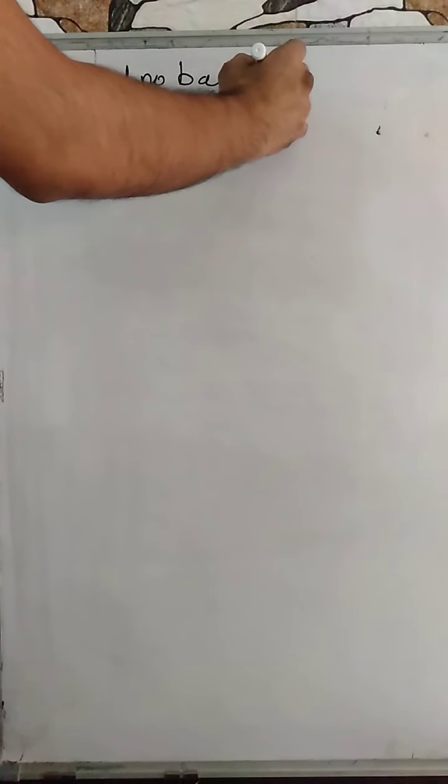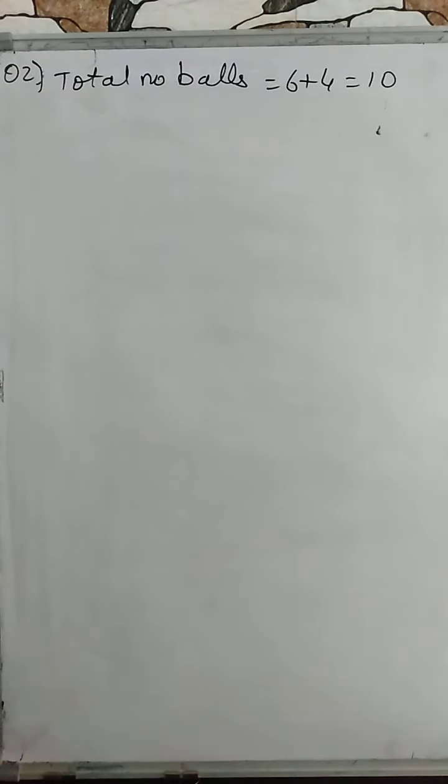It says that the total number of balls is 6 and 4, that is 10. There are 6 white balls and 4 red balls, and therefore there are a total of 10 balls. So how can we draw 3 balls out of 10 balls?